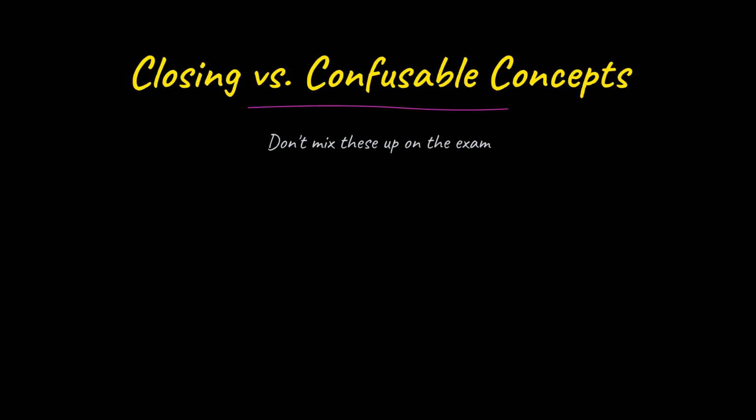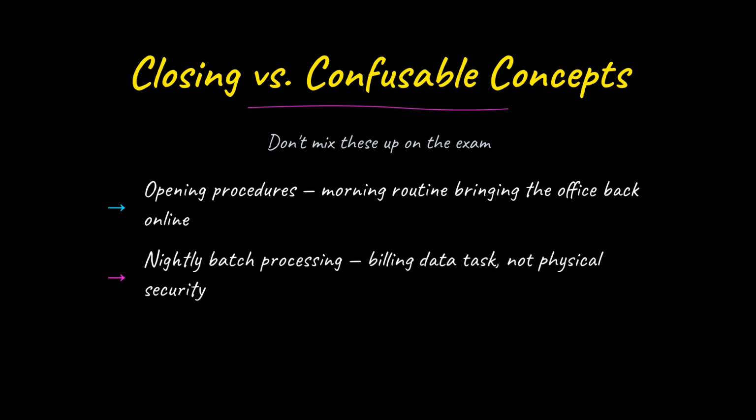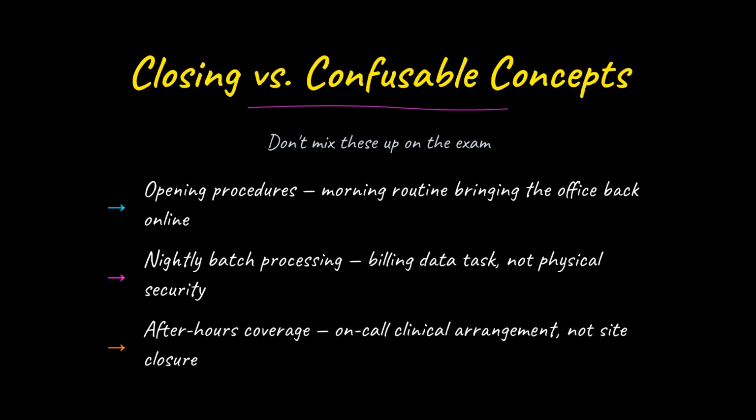3 concepts are commonly confused with closing procedures. Opening procedures are the morning counterpart. Nightly batch processing is a billing system activity focused on data. After hours coverage is an on-call clinical arrangement. Closing procedures are specifically the operational checklist that bridges the active workday and the locked, alarmed building overnight.